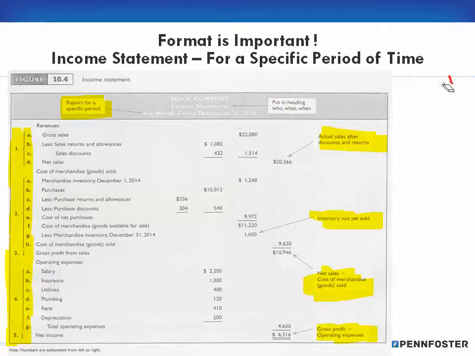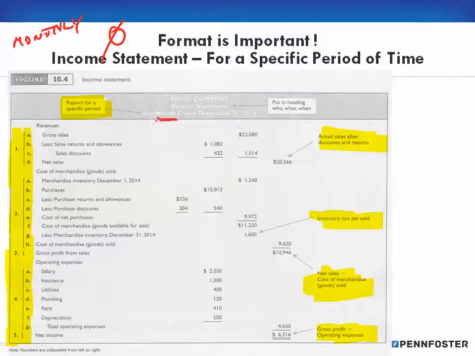Well, if we're looking at a monthly accounting period, that means at the beginning of the month, all of our revenue accounts and all of our expense accounts, all of these balances are 0 at the beginning of the accounting period. They're all 0. Okay, and then during the entire course of the accounting period, so this here is for the month ended December 31st.